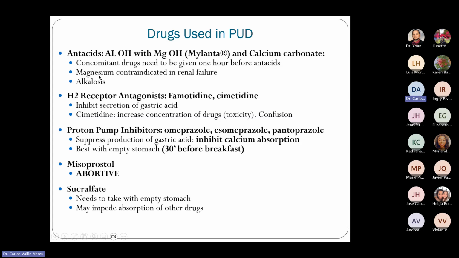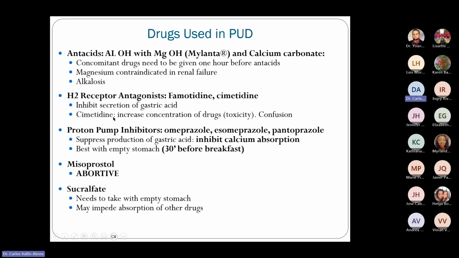Remember that some antacids contain magnesium, and magnesium is contraindicated in renal failure clients. And the abuse of antacid can produce metabolic alkalosis. The other medications are not frequently tested. The H2 receptor antagonists, famotidine and cimetidine, have few adverse effects and are given mainly at night to block the nocturnal secretion of acid.